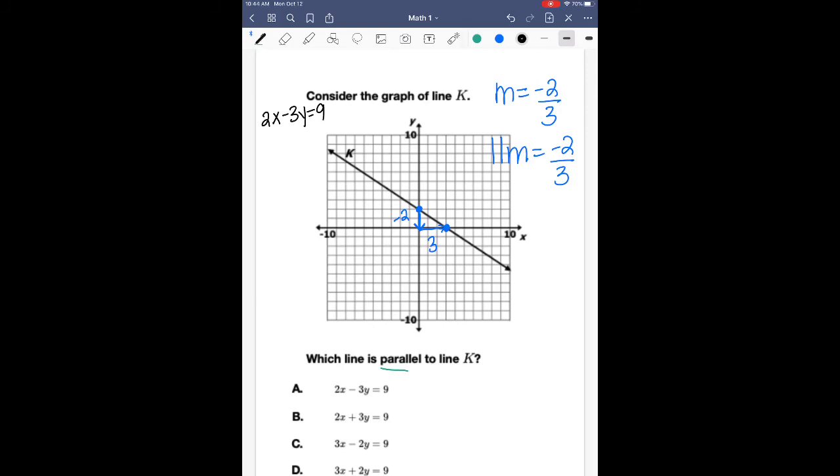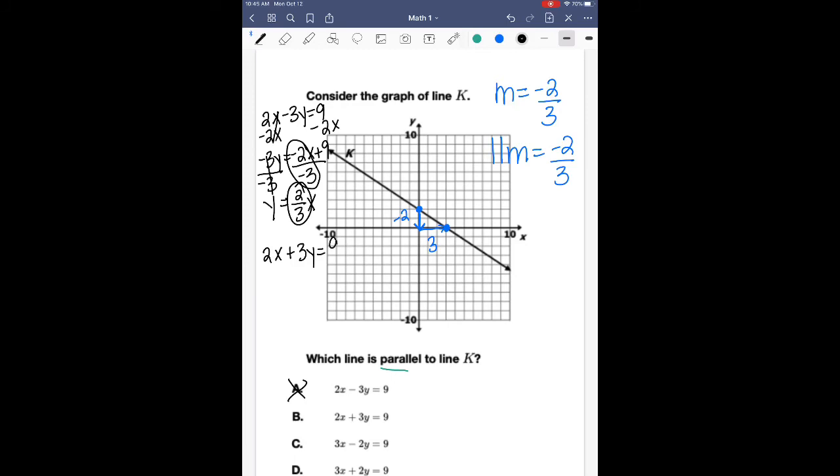All right, so I'm going to start with the first one. I'm going to subtract 2x. So -3y equals -2x plus 9, and I would divide by -3. All right, so -2 divided by -3 is going to be 2/3. So right there, it's positive. A can't be right.